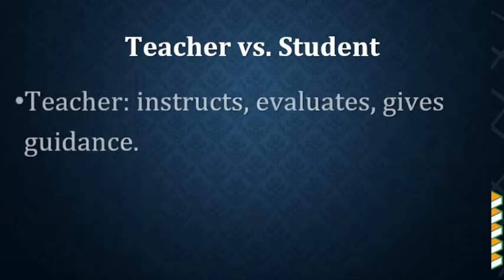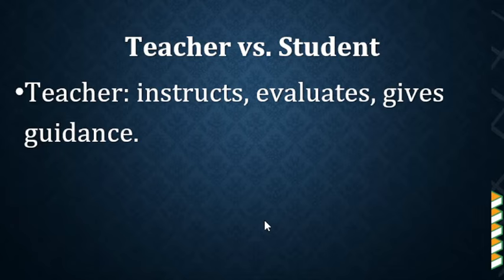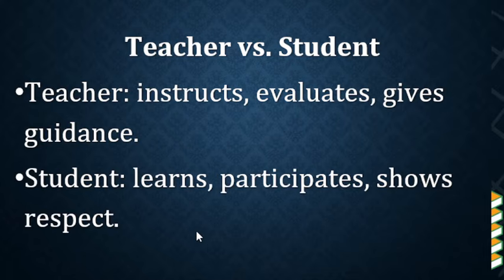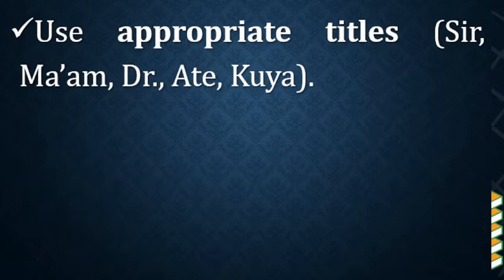Another example of a social role is teacher versus student. As a teacher, they give instructions, they evaluate, they give guidance. As a student, students learn, participate, and show respect. It is expected. We also have to use appropriate titles.